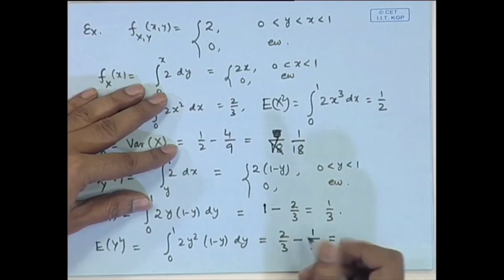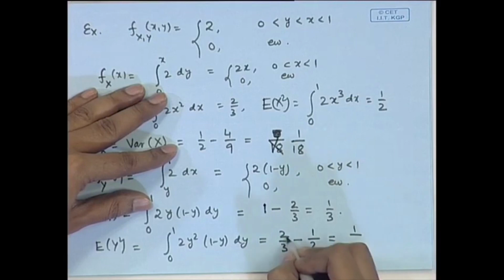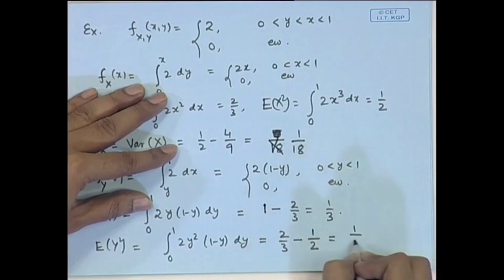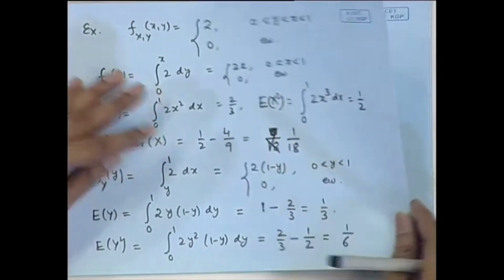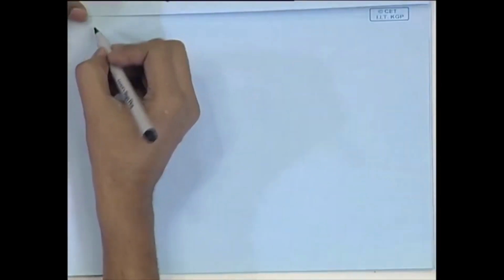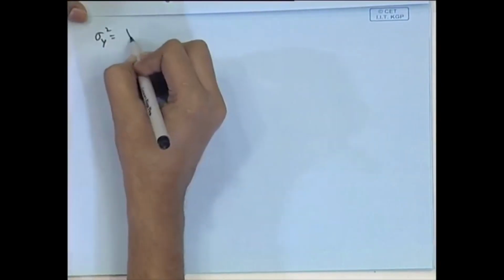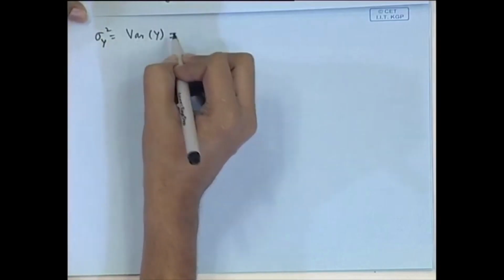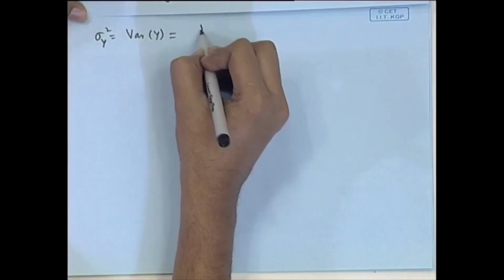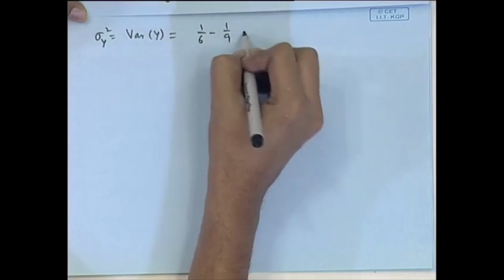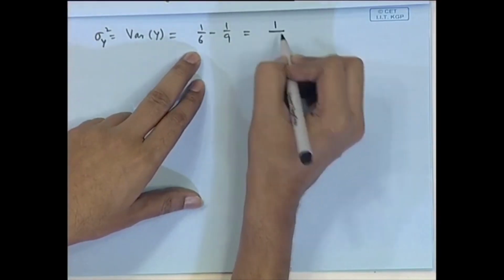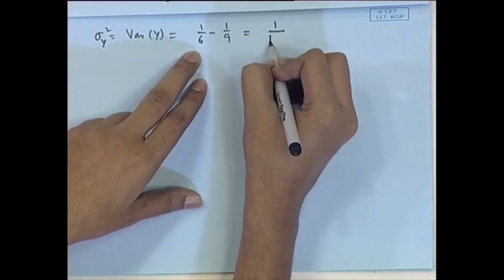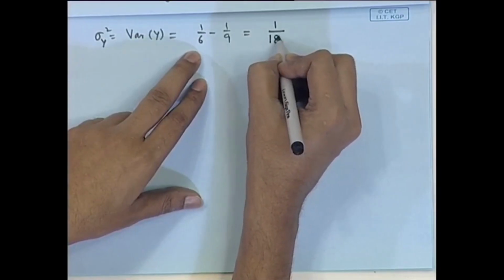So, it is equal to 1 by 6. So, we can calculate the variance of y, that is equal to 1 by 6 minus 1 by 9, that is equal to 1 by 18.